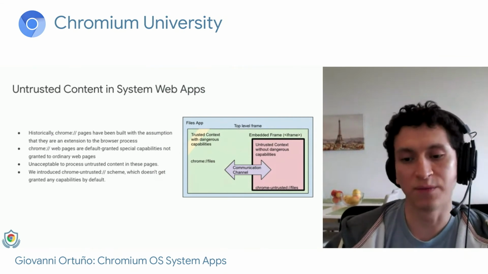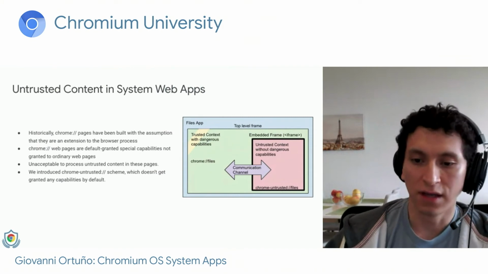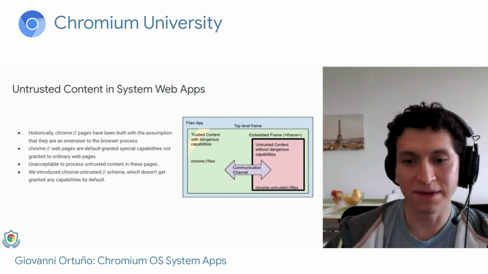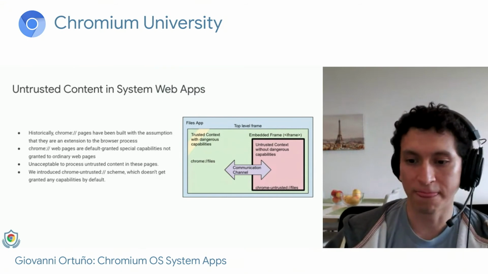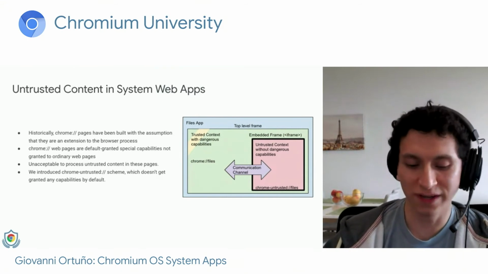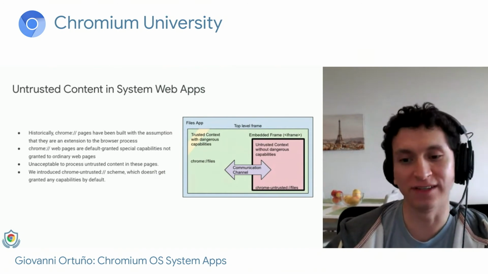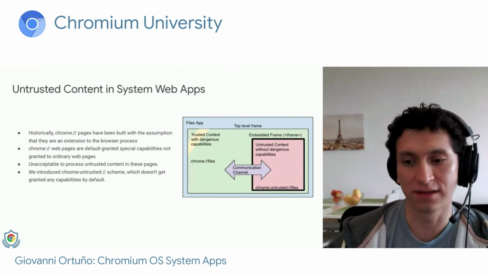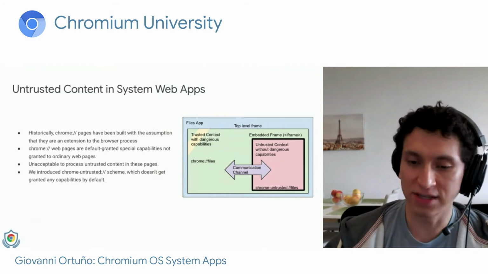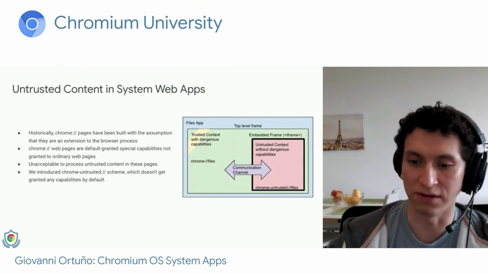And the solution we came up with was to introduce a new scheme. We call it Chrome Untrusted, which is the same as Chrome, but it just doesn't get default granted any capabilities. We ended up calling it Chrome Untrusted because we wanted a really scary name to signal to Chromium developers that this page that you're reviewing is processing untrusted content, so you should be careful with whatever it is that you're doing there.